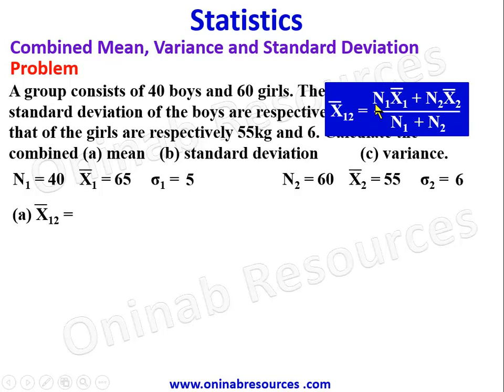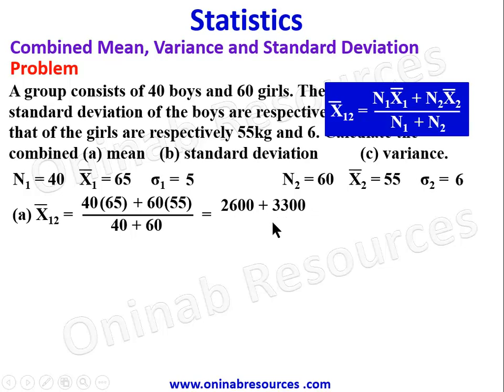By formula, we have N1 X1 bar, that's going to give us 40 into 65 plus N2, that's plus 60 into 55, over 40 plus 60. 40 times 65 gives 2,600, and 60 times 55 gives 3,300, over 100. 2,600 plus 3,300 gives 5,900 over 100.